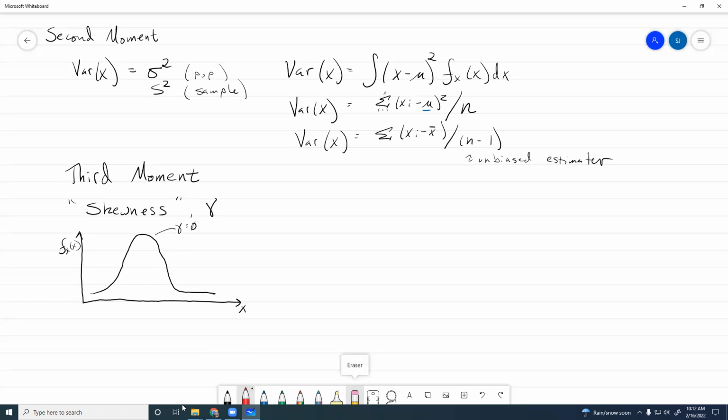But if we have a distribution that is skewed, in this case we call this positively skewed. The reason we call it positively skewed is that it's got a thick tail towards larger values, meaning there's a higher probability of seeing more extreme values. This is gamma greater than 0, or positively skewed.